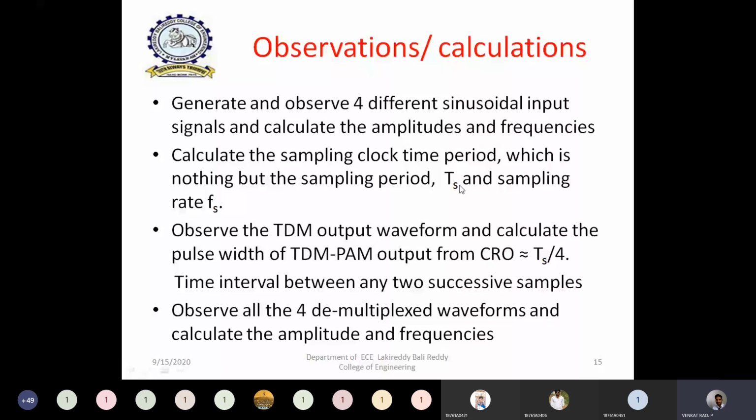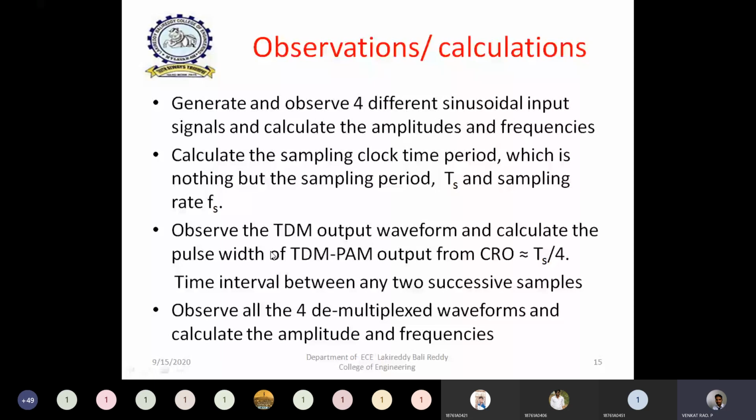After calculating TS and FS, you must calculate whether the sampling condition is satisfied or not. That means whether FS is greater than 2 FM. For all the input signal frequencies, you must verify whether the sampling condition, FS greater than 2 FM, is satisfied. After verification only, you must do other calculations.